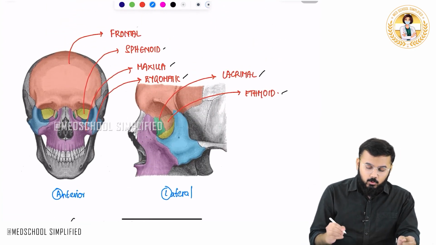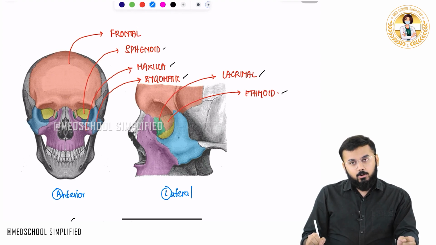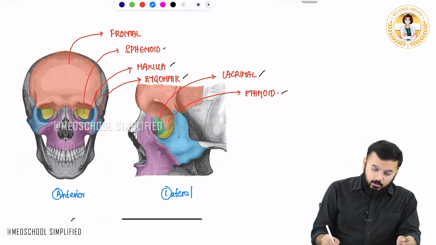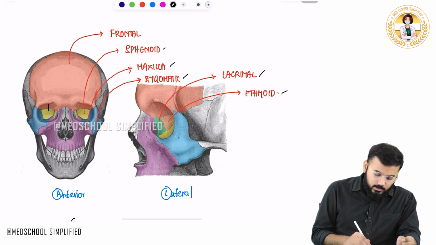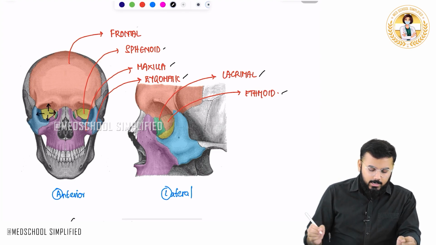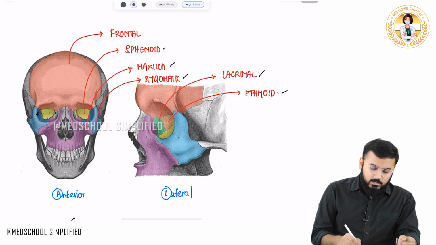Near these bones I will write R if it is roof. Again, if anyone doesn't know, the upward one is called the roof, the downward one is called the floor, and this is the medial and this is the lateral.